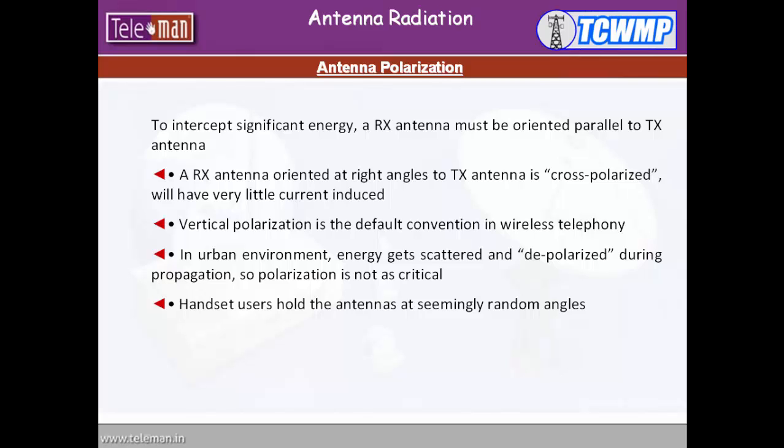Normally we will find that vertical polarization is most commonly used in wireless telephony. If a receive antenna is at right angles to the TX antenna, let's say the TX antenna has vertical polarization and the receive antenna has horizontal polarization, these two antennas are called cross polarized.